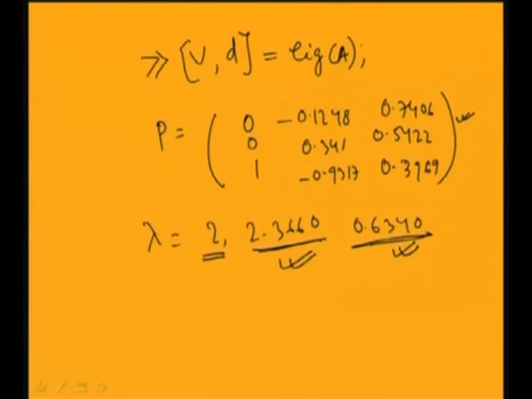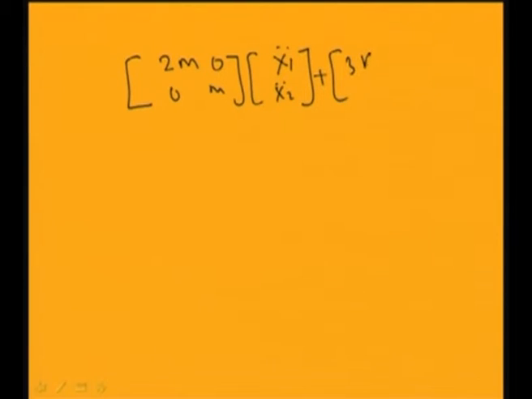So now let us take a simple 2 degrees of freedom system. In this 2 degrees of freedom system, let us find the modal and weighted modal matrix of the system. So the system previously we have considered is 2m 0 0 m, x1 double dot x2 double dot, plus 3k minus k, minus k k, x1 x2 equal to 0 0.